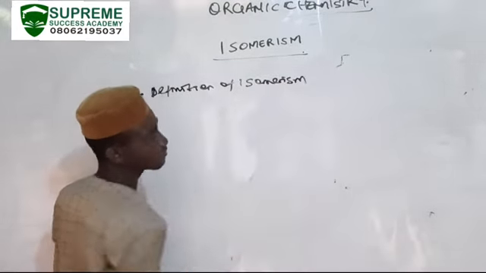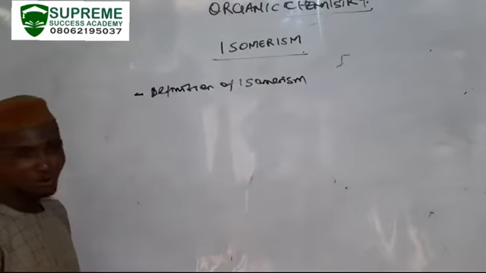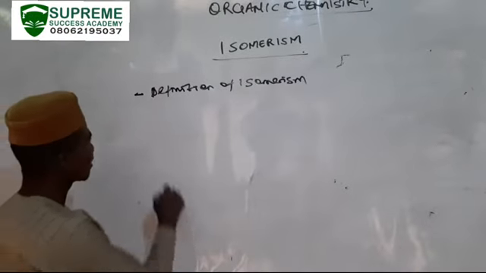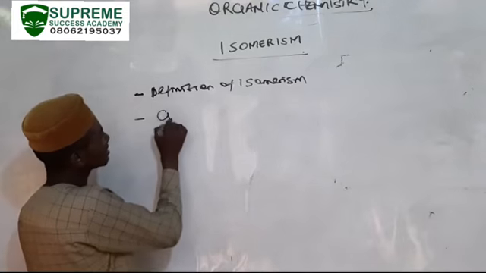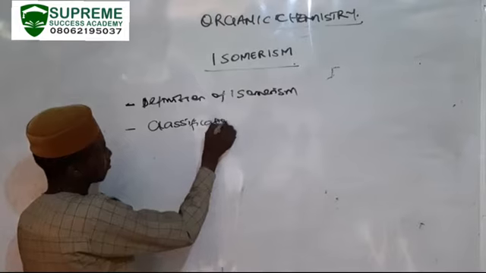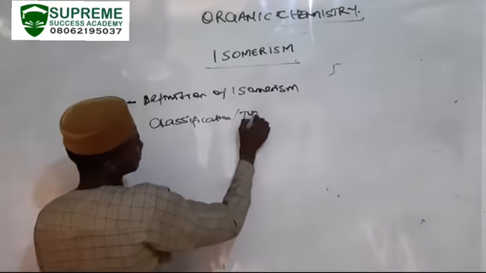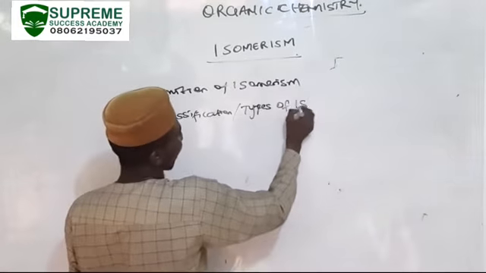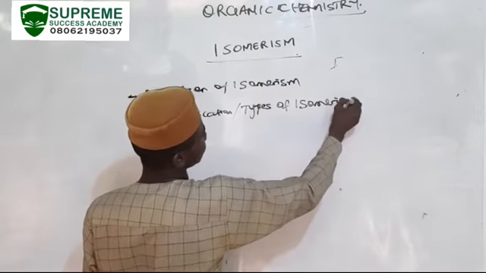We shall be looking at first the definition of isomerism. Then we look at classification, or what we refer to as types of isomerism.